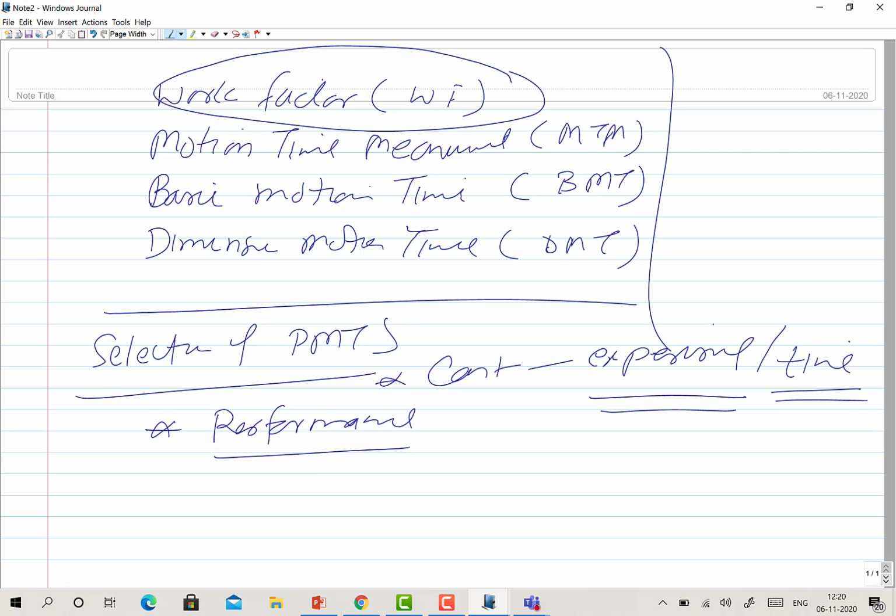Like the PMTS system developed by one particular company for one set of activities, considering certain performance levels, the basic time motions have been identified. The time values for certain elements and activities have been identified for a system of man and machine.